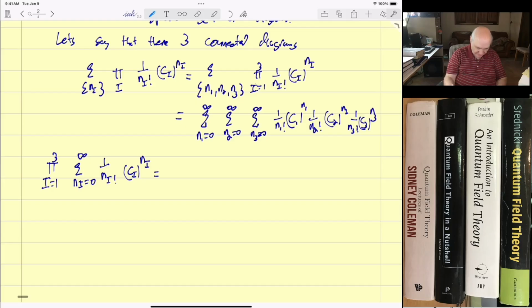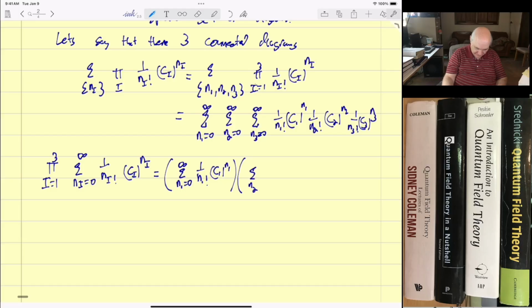So this is just writing out the outer product. We're going to have the sum from n1 equals 0 to infinity, 1 over n1 factorial c1 to the n1.